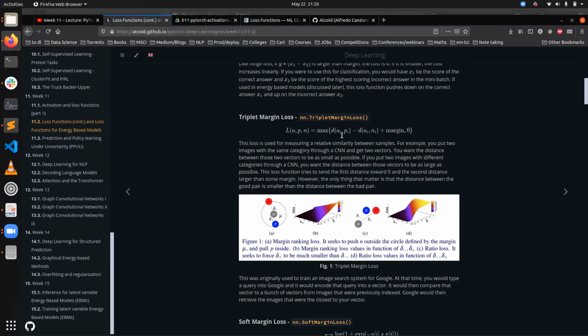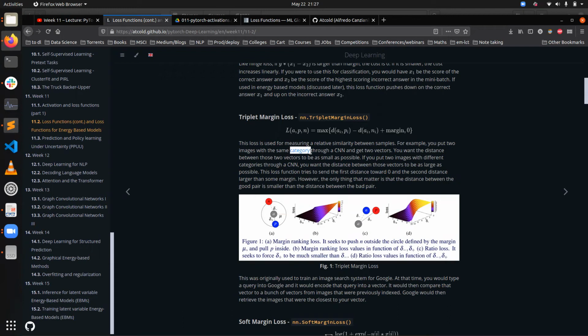So you have a CNN. For example, you put an image through the CNN, and you get an encoding of that image, which is just a vector. Suppose you have two images which represent the same category.